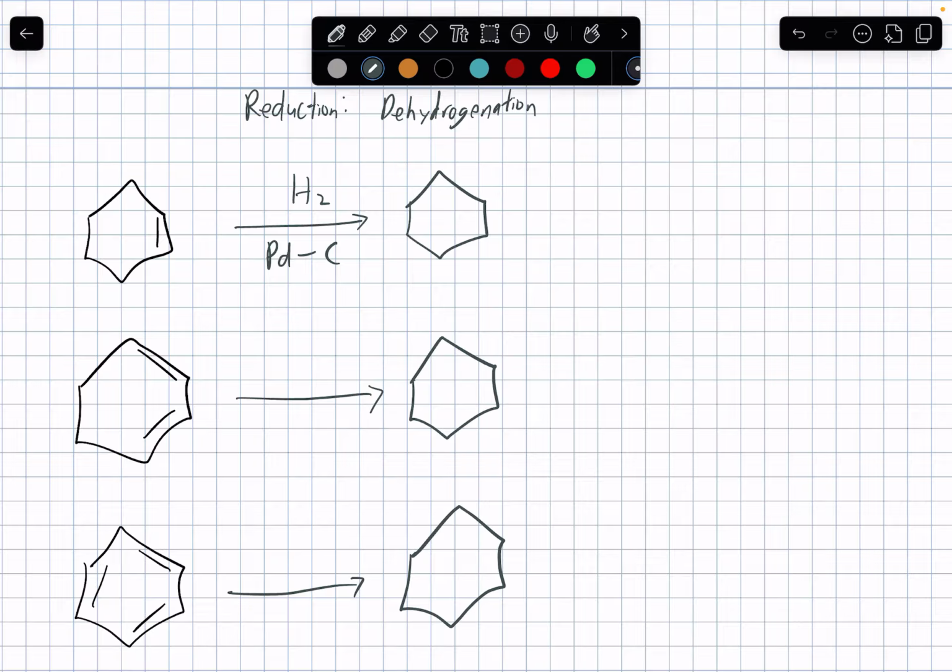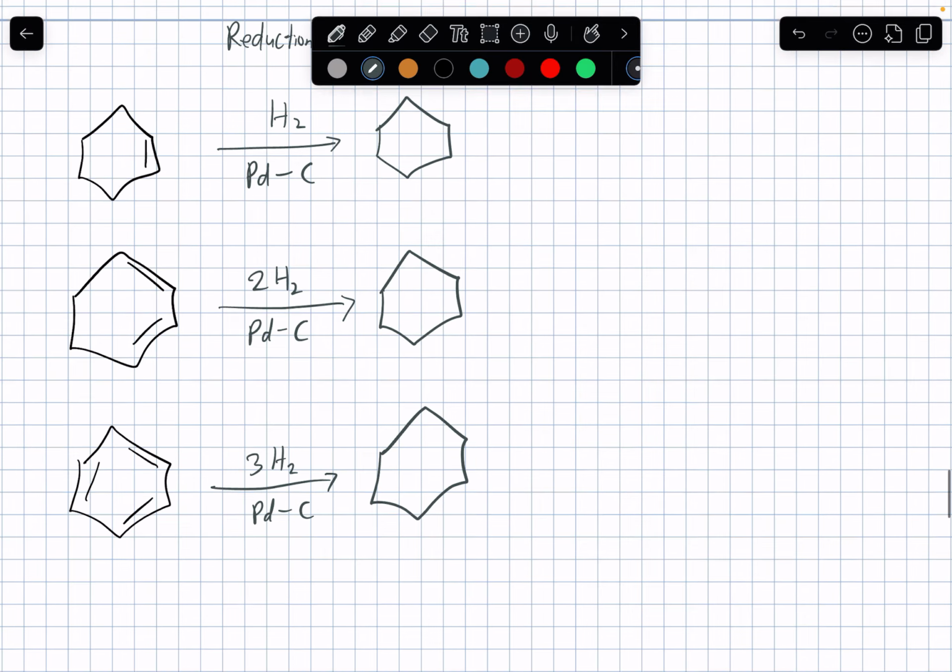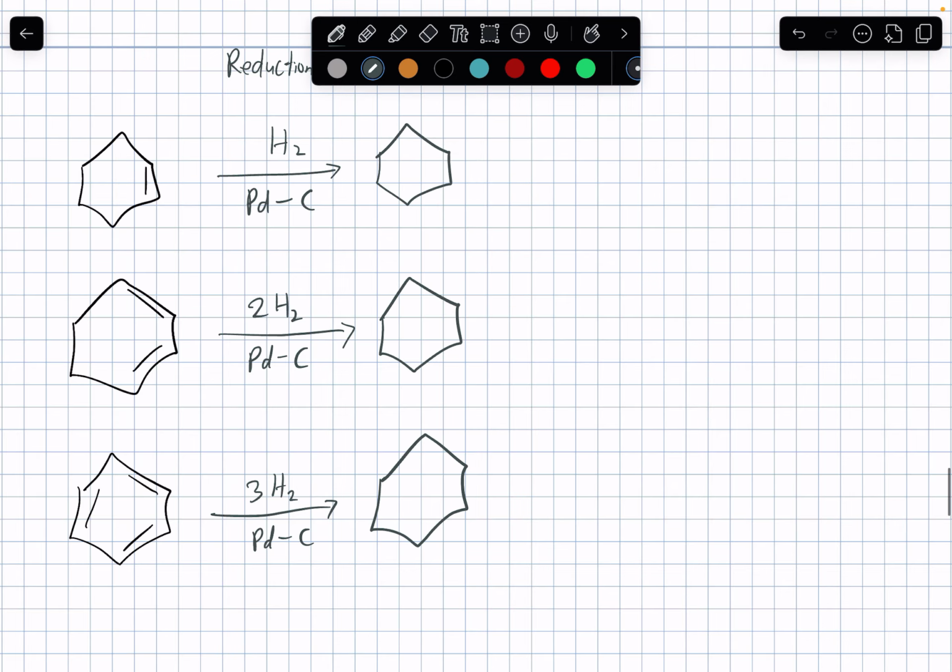I think that's called a cyclohexane. Yeah, cyclohexene, 1,3-cyclohexadiene, and this one is a benzene.